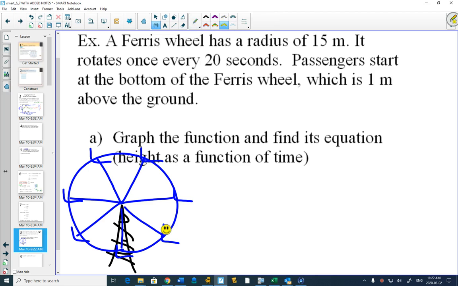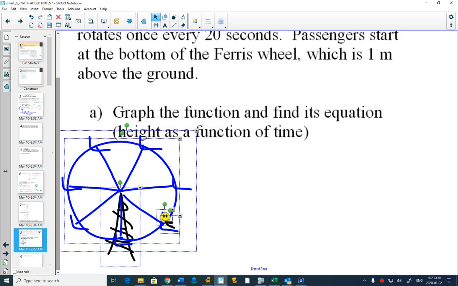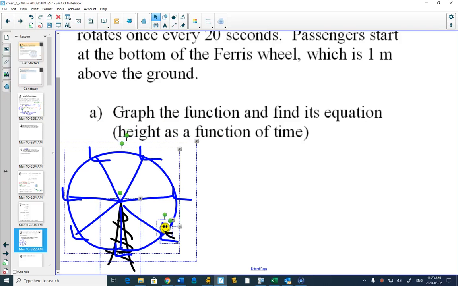Put a person on here. That person is super happy because they're on a Ferris wheel. And Ferris wheels are fun.